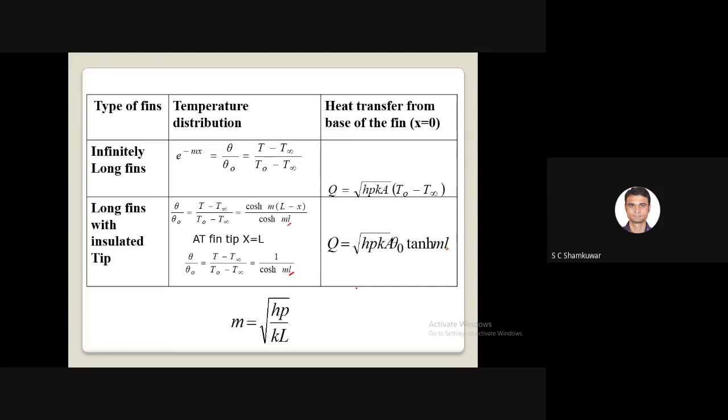Finished, all of you? Have you copied this table? This small l is nothing but length, so don't get confused.